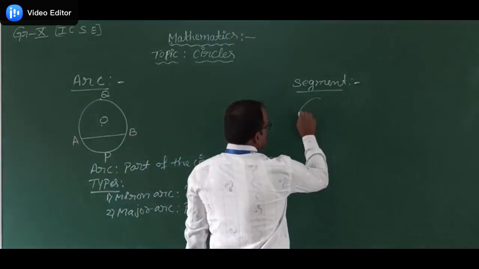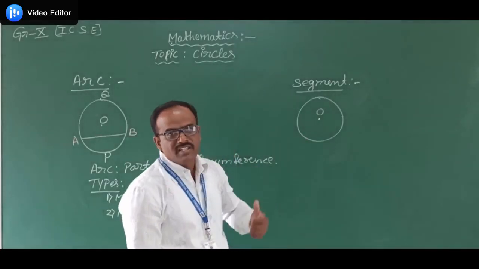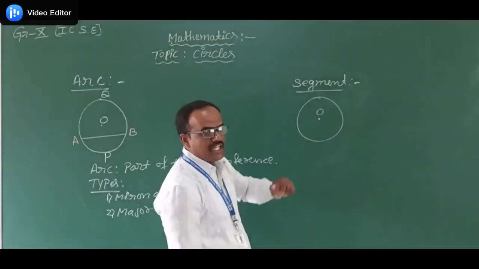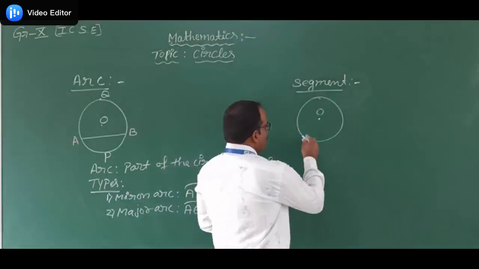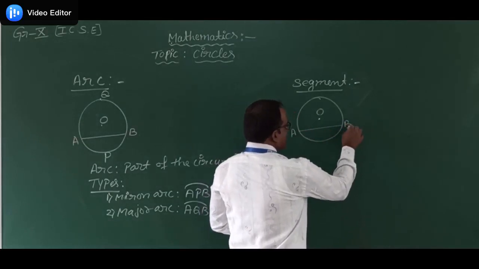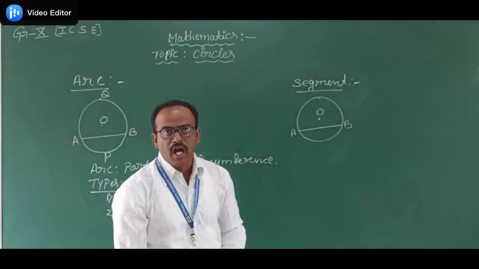Now, before going to learn the meaning of the segment, I have drawn a circle on the board. You can observe a circle with center O. Now, here also I am going to draw a line segment AB. AB is the line segment which is also called a chord.